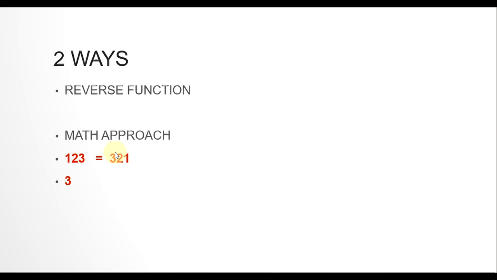So I take 3 which is at the ones place and make it the 3 at the hundreds place. So I can get first 3, then I can take the second one and make it the second from the front, like that.